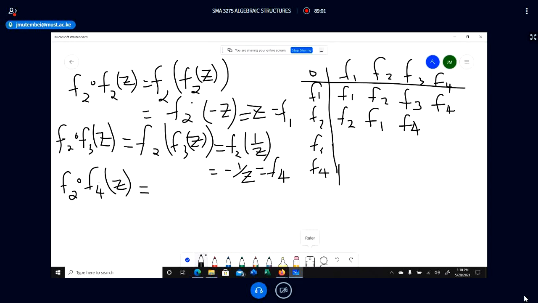Once you have worked out all the entries of the table, you complete that Cayley table.